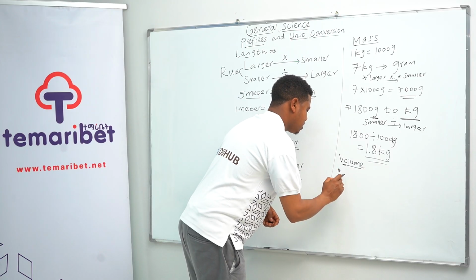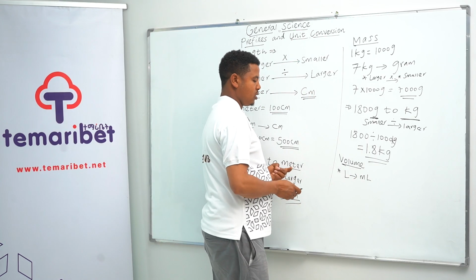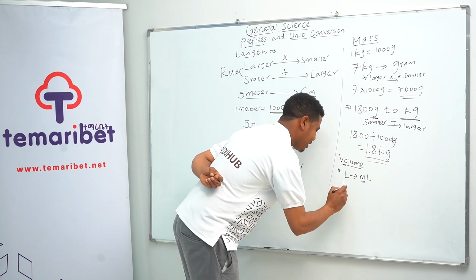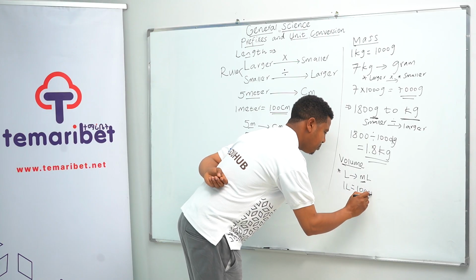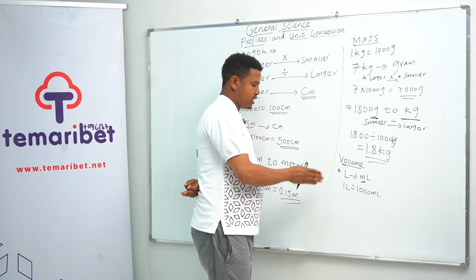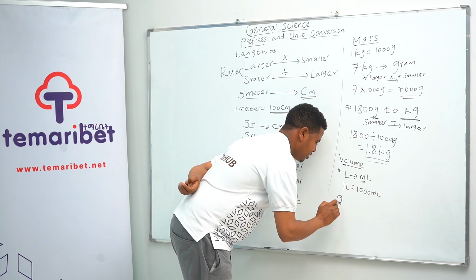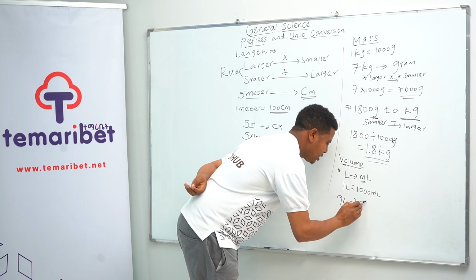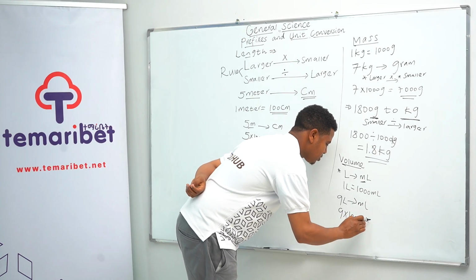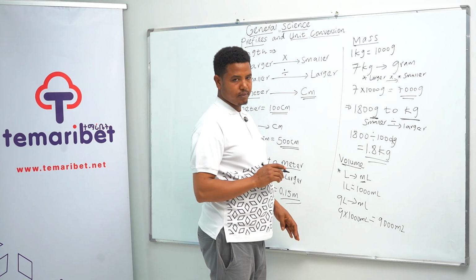Let's see volume. If you are going to change liter to milliliter, since milli is 1/1000, 1 liter is equivalent to 1000 milliliter. So if you are going to change liter to milliliter, from the larger to smaller, we use multiplication as usual. So let's say the given unit is 9 liter to ml. We just multiply 9 times 1000 ml. So 9 liter is equal to 9000 milliliter.